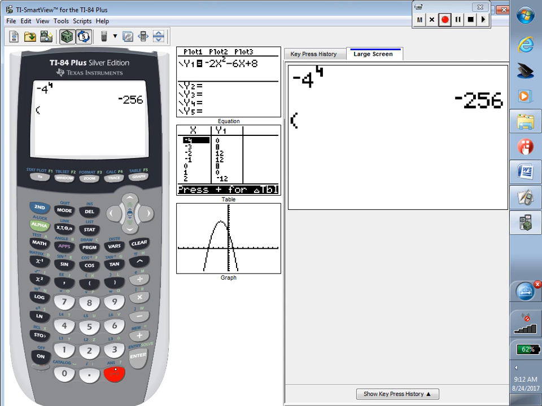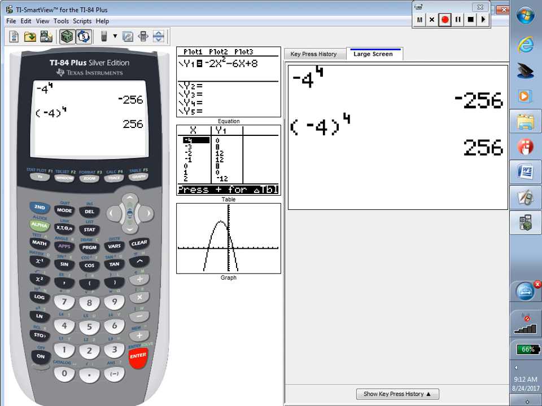If I put my base of negative 4 in parentheses, and now to the 4th power, I get a positive 256. So if you have a negative number that starts in parentheses, make sure that in your calculator you also put in parentheses, otherwise you're going to come up with the wrong sign.